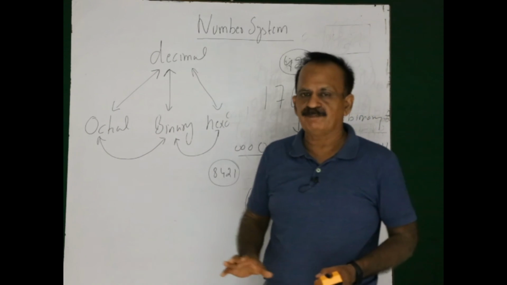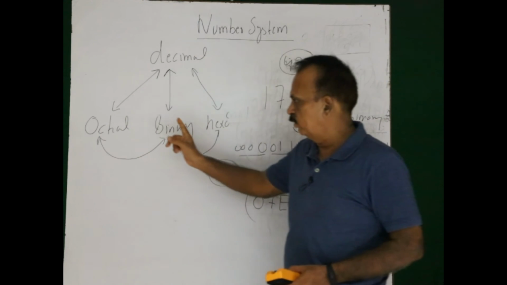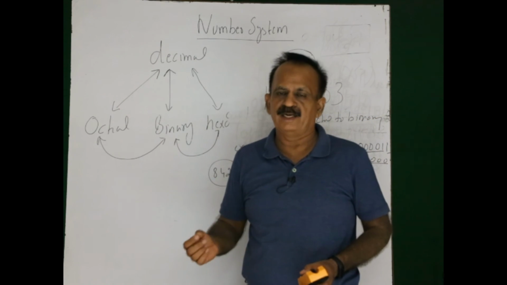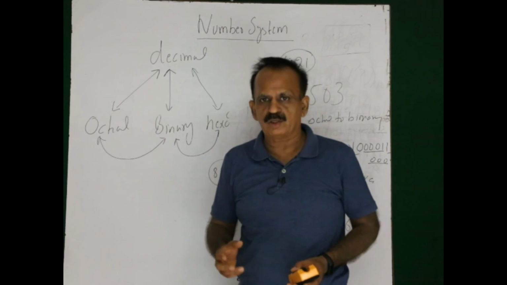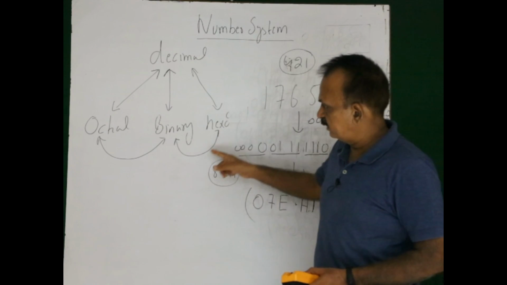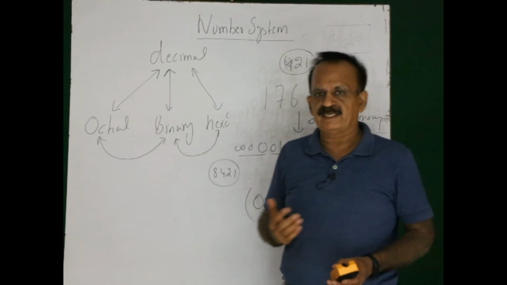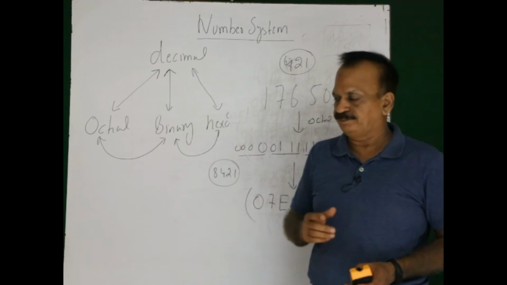Then we converted octal to binary. It was a very simple process. It was conversion of each octal digit to binary by using the code 421 and writing a 3-bit combination for each octal digit. Then hexadecimal to binary, a similar process, but by using a 4-bit combination, and the code was 8421.